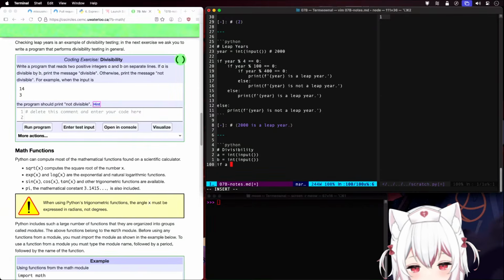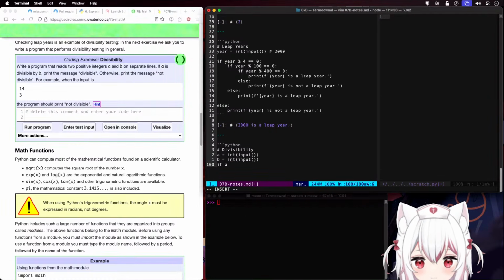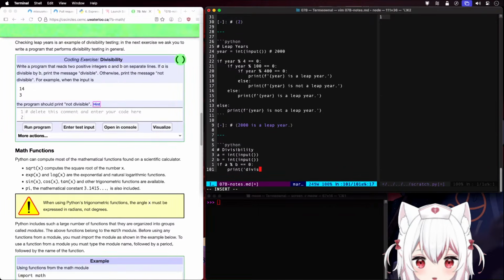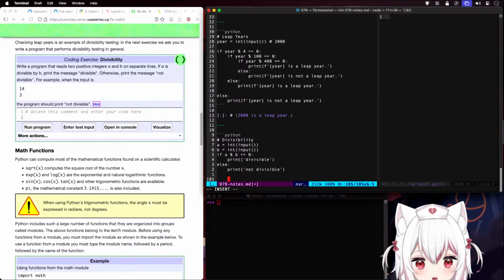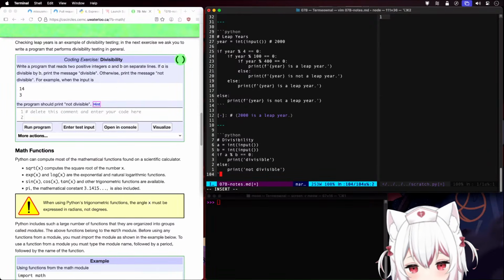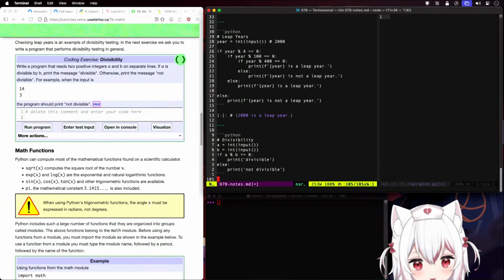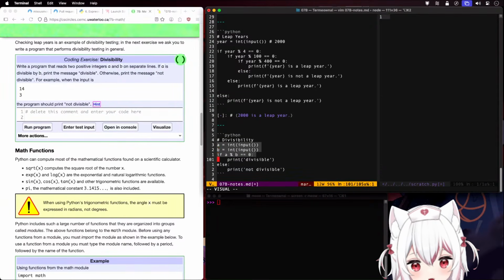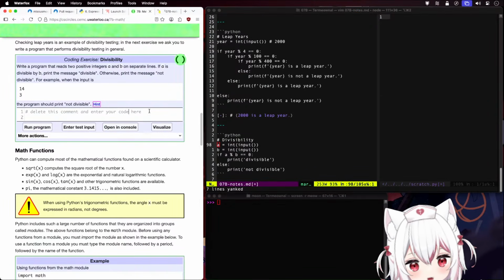If a divided by b, if a modulo b is 0, print... It's really interesting because I don't know if I'm doing this right, but this program seems really almost trivial compared to the leap years one.